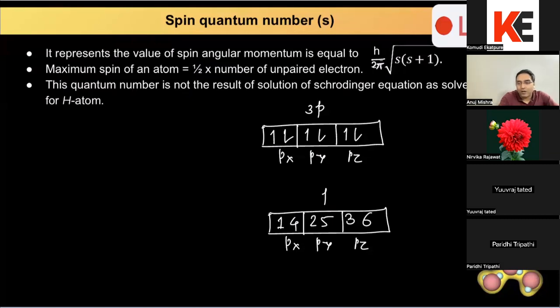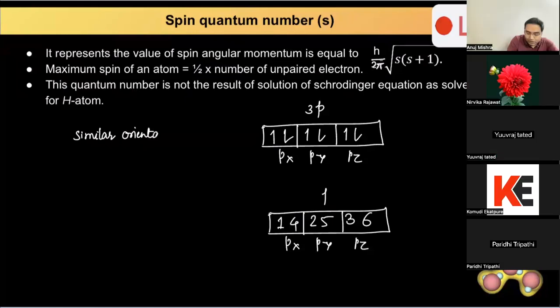Okay, no problem, beta. So you can say similar orientation will bring what? More repulsion.